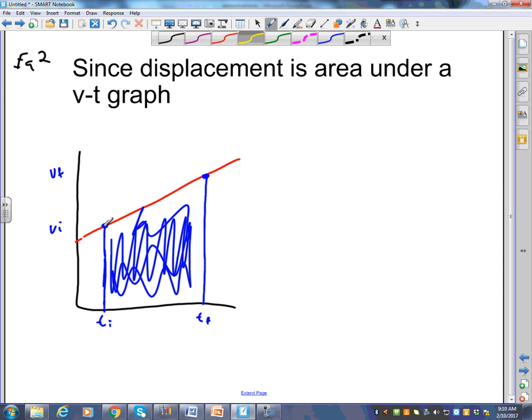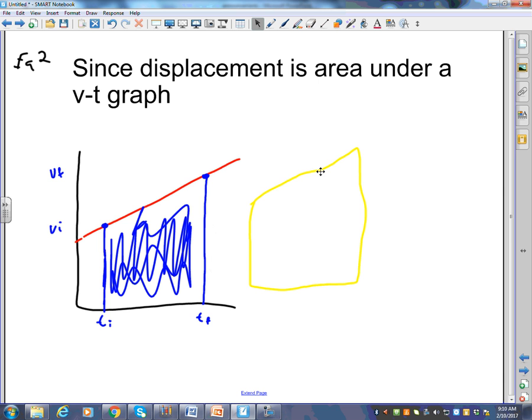What shape is this? Let me see if I can draw it. Okay, imagine that's a good drawing. What shape is that yellow shape that I just drew? Does it help if I do this?